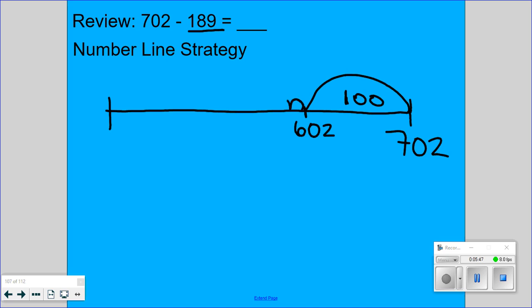If I do 2 ones, what number am I at now? 600. Then I'm going to finish 2, 3, 4, 5, 6, 8, 9. What number am I at now? You can count them. Solve it. Draw it.